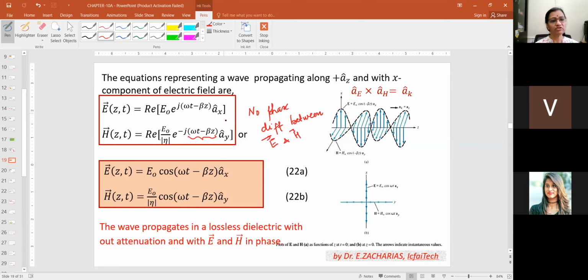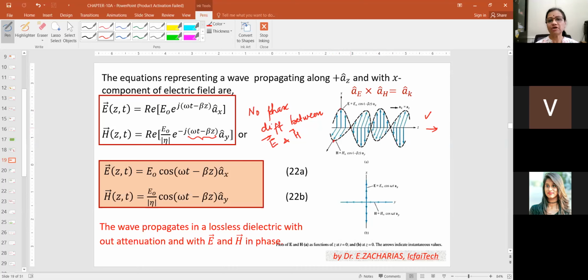You see here. Whereas in a lossy material, what was happening? There was a phase difference. Okay. And that's what is indicated by the figure here. You can see that a wave is propagating along the z direction. Along the x direction, the electric field is varying sinusoidally. And along y, the H vector is changing sinusoidally. But you're seeing that corresponding to maximum H is the position for maximum E.